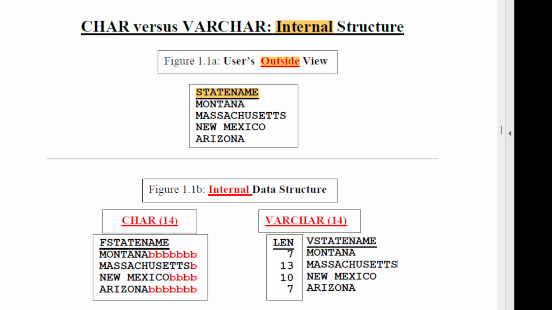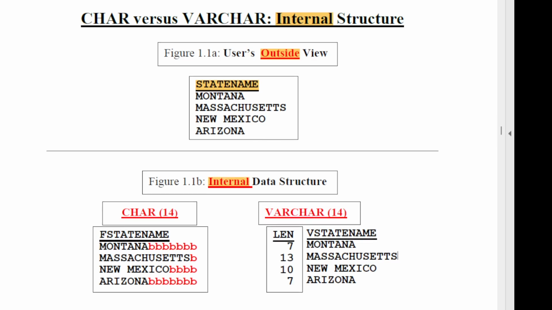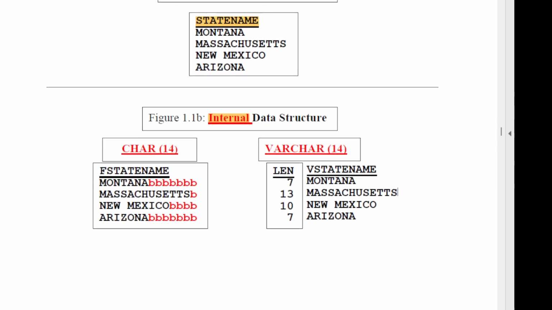Let's come down and take a look at the internal structure for these two data types. If you defined it to be 14 characters long of the CHAR data type, then every value must be 14 characters long.